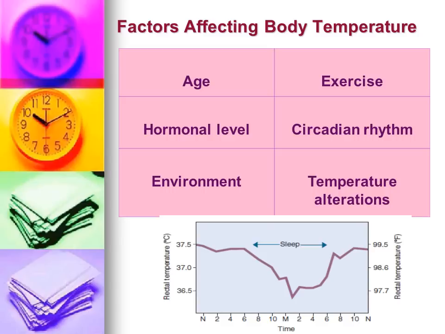Women may experience hot flashes caused by inability to control vasodilation and vasoconstriction. Circadian rhythm changes the body temperature over the 24-hour period. The lowest body temperature occurs between 1 and 4 a.m. The body reaches maximum temperature at 1800.